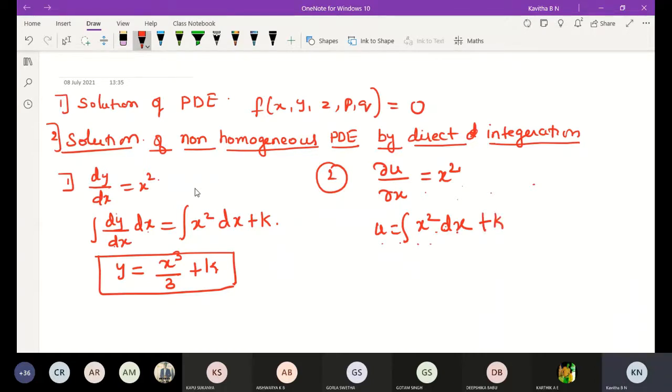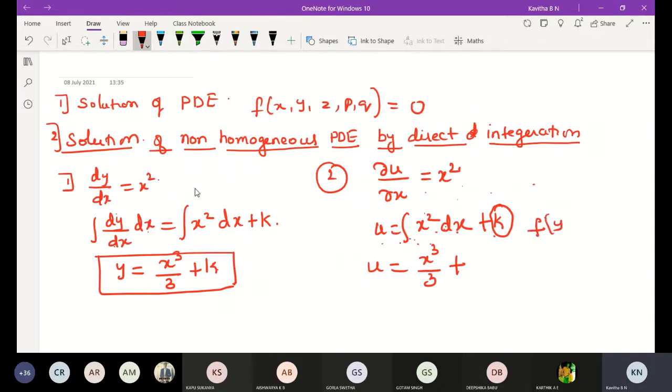plus k. So u is equal to x to the power of 3 by 3 plus k. In place of k, we have to write f of y.